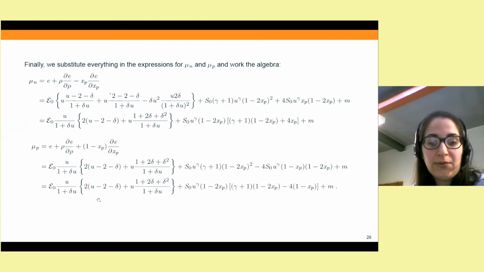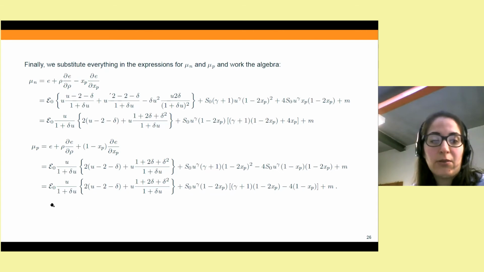And if you do the same for the chemical potential of the proton, you'll see that the expression is very similar. Basically, the difference is that here you have 4 times the proton fraction, and here you have minus 4 times 1 minus the proton fraction.